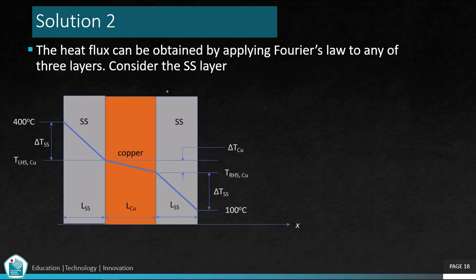Next, we can now use this value, because previously we already found that the delta T of copper is equal to 9.94, and we already know that the delta TSS on the left and on the right has the same value, so delta TSS is equal to 145.